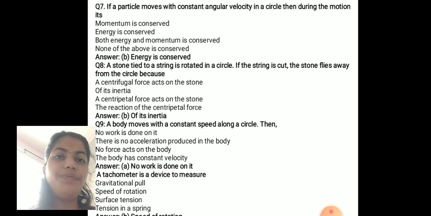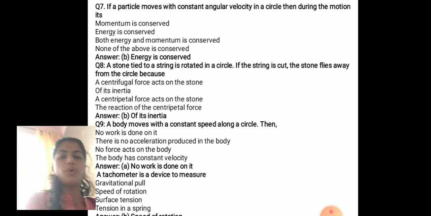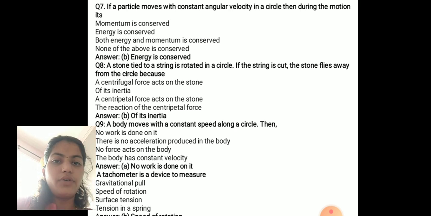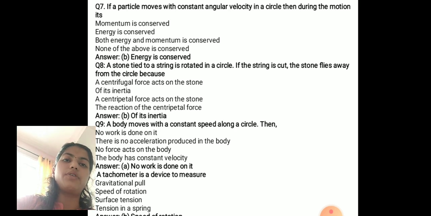Now, a stone tied to a string is rotated in a circle. If the string is cut, then the stone falls away from the circle because... A stone is tied with a string and given horizontal motion, rotating in a circular path.